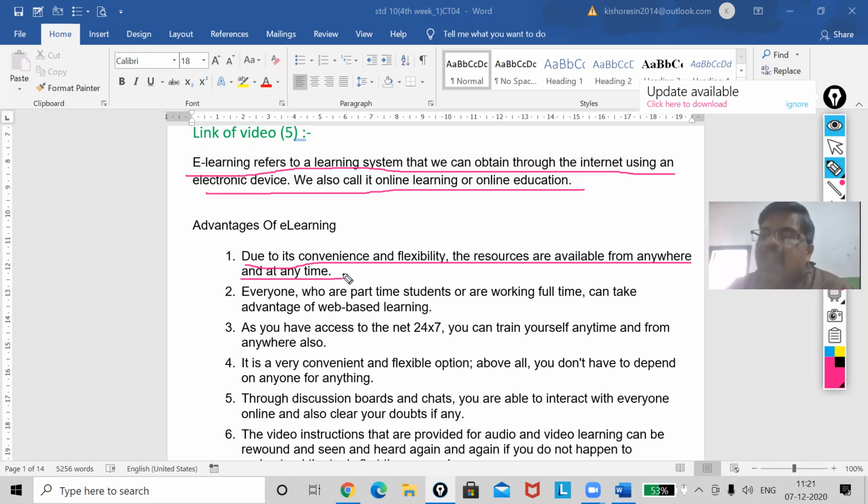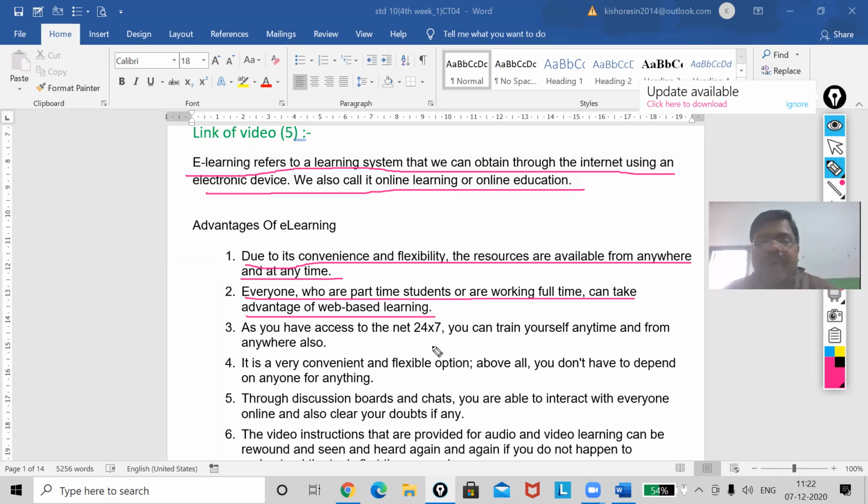Either you are very close or you are very far or you have gone to another country, no problem. You can get the benefits of e-learning. Everyone who is a part-time student or working full-time can take advantage of e-based learning. You have the courses, Byju's, these apps, what? E-learning apps.